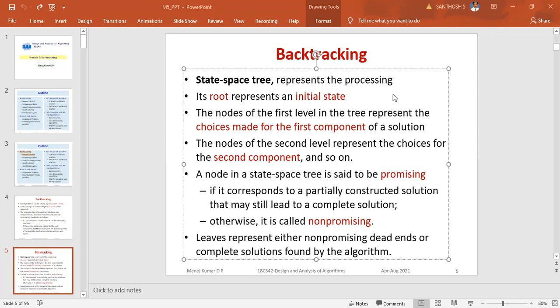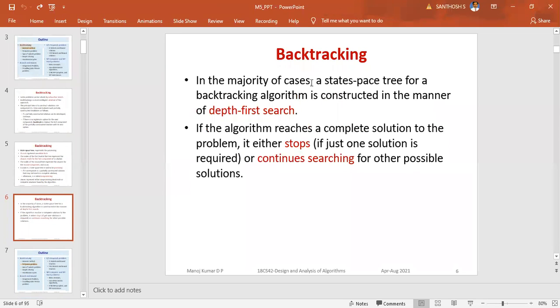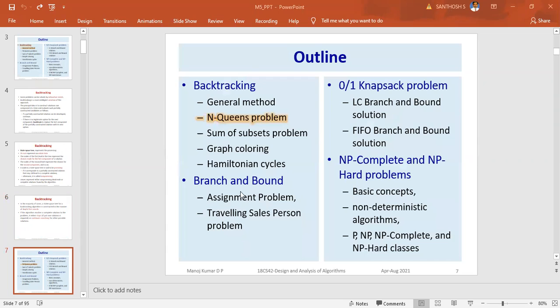Otherwise, it is called a non-promising solution. Leaves represent either non-promising dead ends or complete solutions found by the algorithm. In the majority of cases, the state space tree for a backtracking algorithm is constructed in the manner of depth first search. If the algorithm reaches a complete solution, it either stops if just one solution is required, or continues searching for other possible solutions.